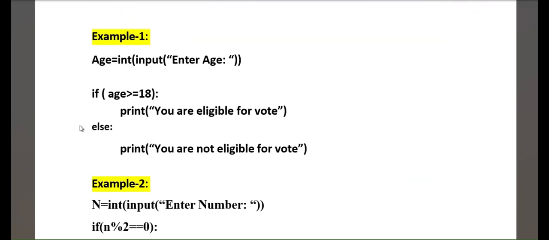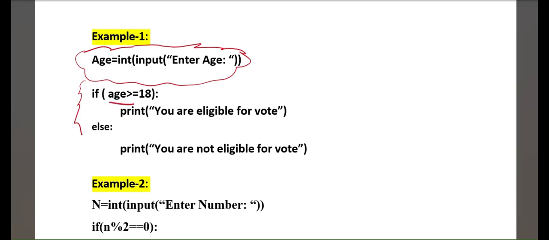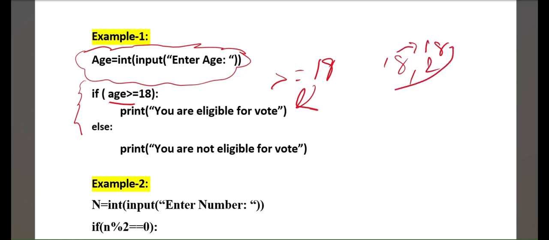Here, the question mentioned is that the user is taking input over here. See here, the expression is: if age is greater than or equal to 18, print you are eligible for vote. If the user is taking input as 18 or 20 or greater than 18, it automatically prints you are eligible for vote.